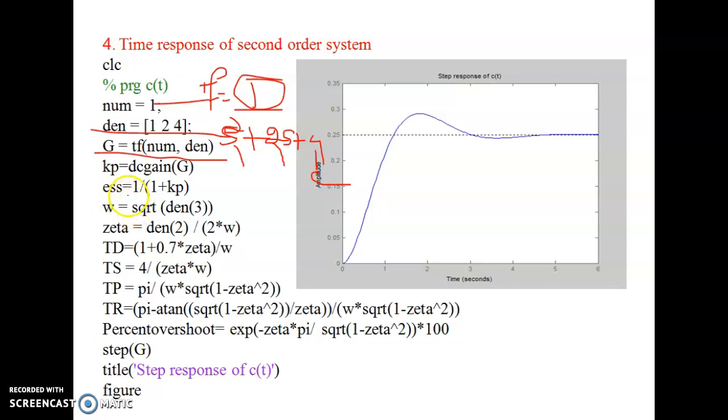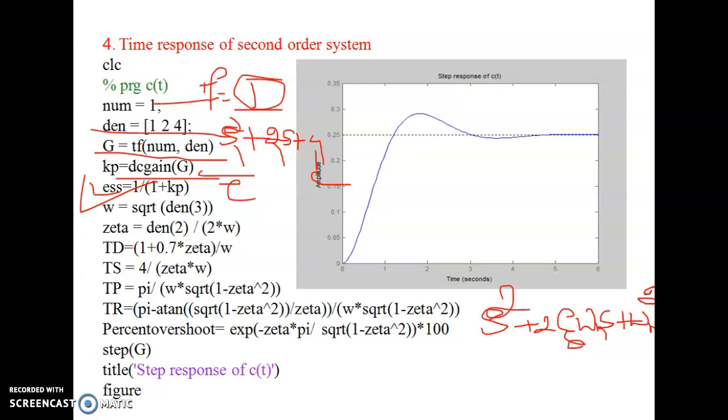Then you have to find the proportional gain constant for this second order system. We know that the proportional gain constant kp equals the dc gain. Then the steady state error for the proportional constant is given by 1 over 1 plus kp. Then we know that omega n is equal to square root of den of 3. Square root of den of 3 means we know the standard second order system is s square plus 2 zeta omega n s plus omega n square.